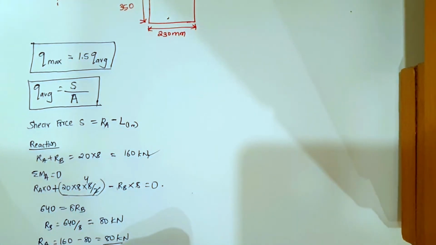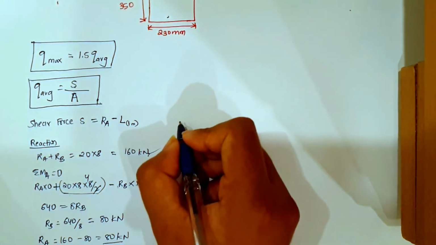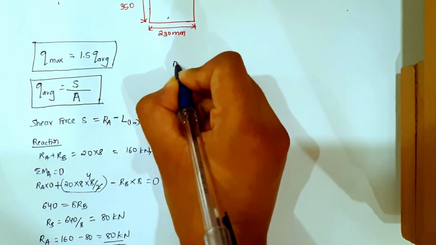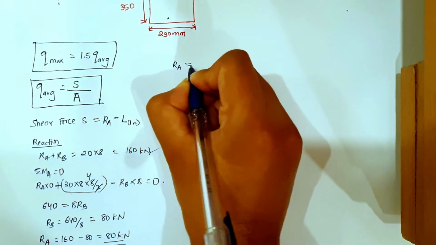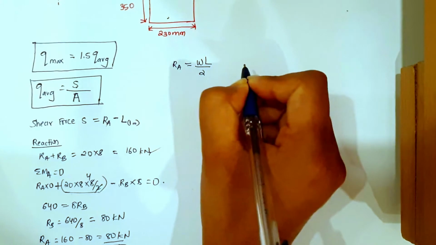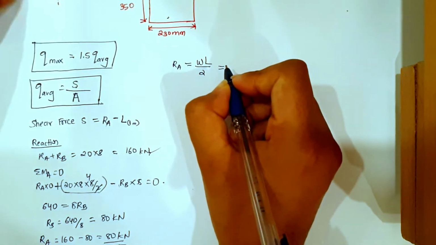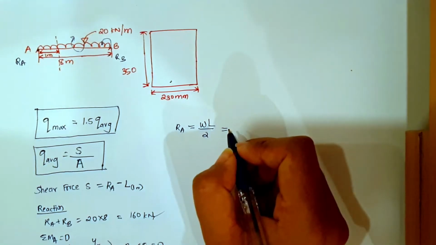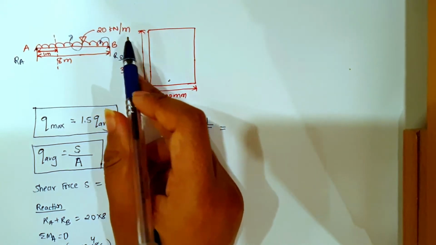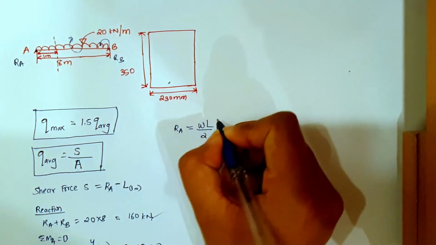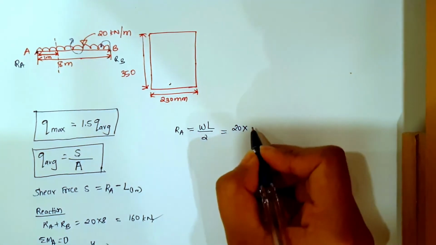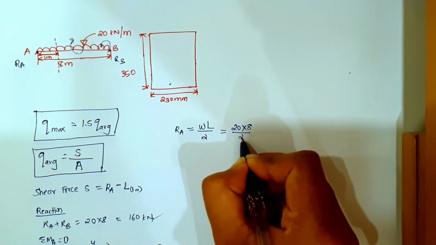There is another way you can find the reaction, by directly putting it in a formula. RA is equal to WL by 2. W is equal to 20 kilonewton per meter, and the length of this beam is 8 meters, so 20 into 8 divided by 2.